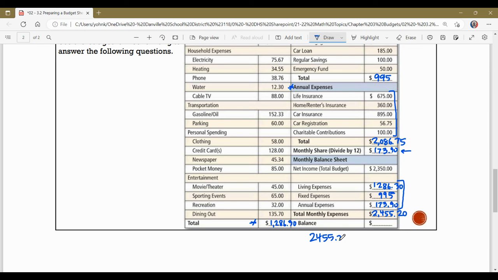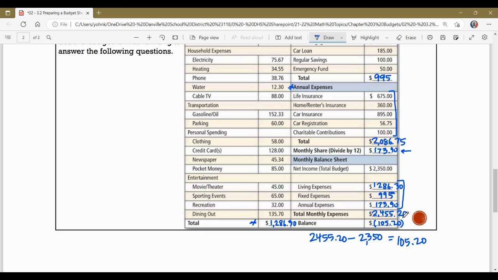So if I wanted to figure out what my balance was, I could subtract them. Ooh, wait, hold on. 2,455.20 minus 2,350 is $105.20. So it looks like she was $105.20 over.